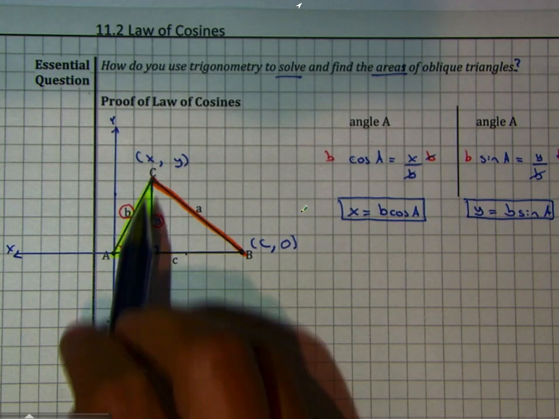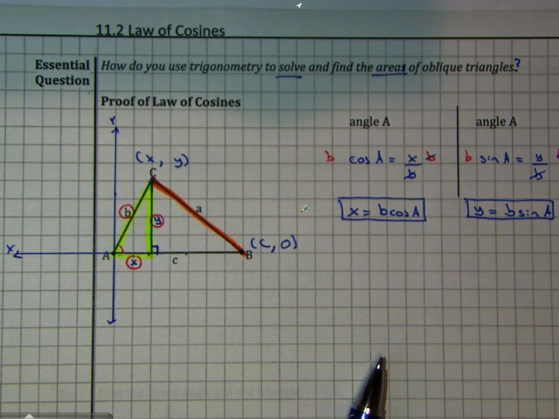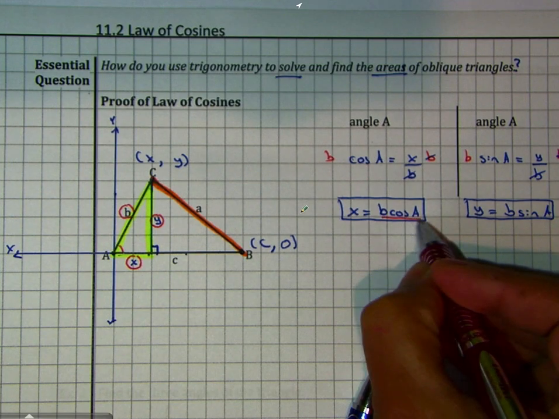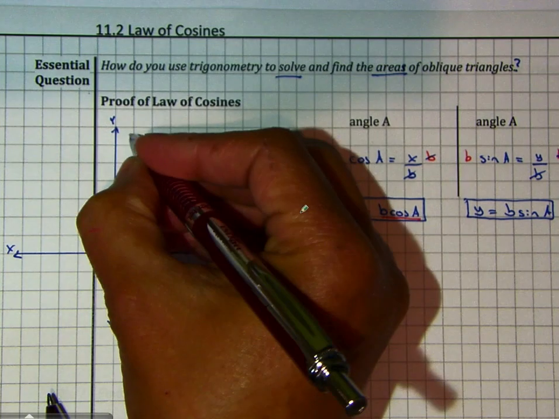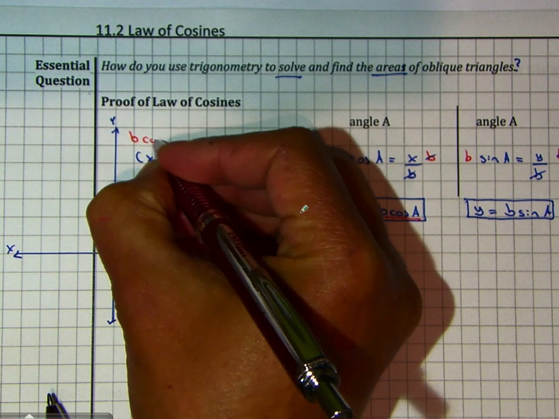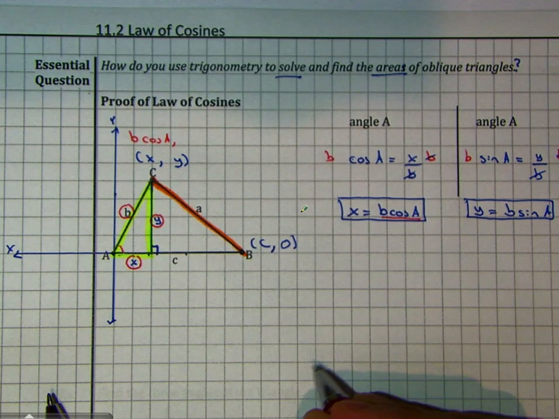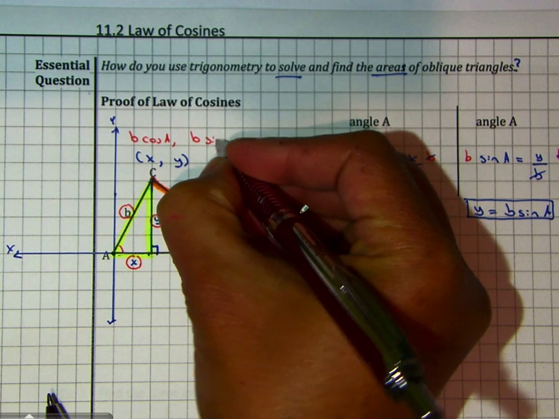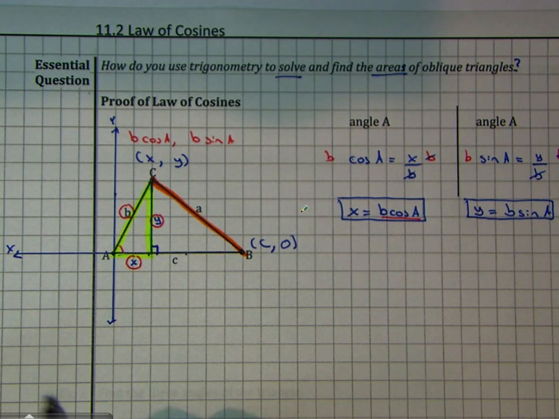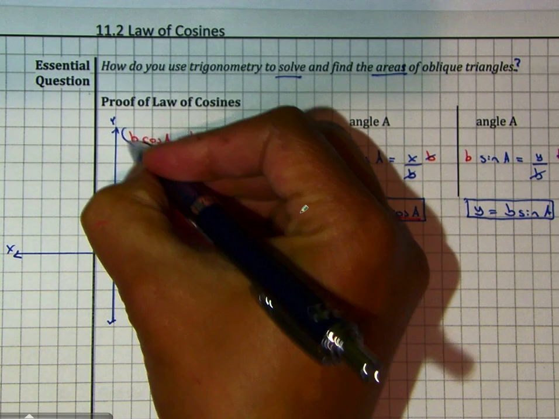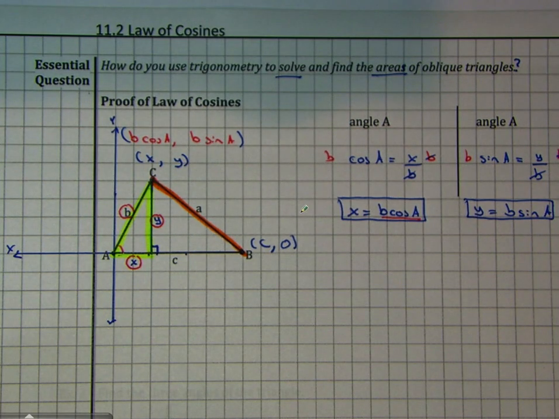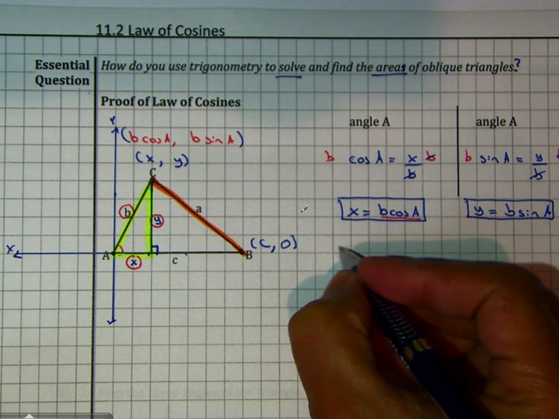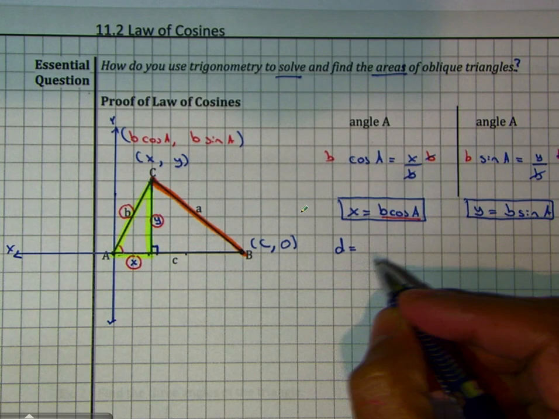Now we're also going to substitute, instead of the x, the value of x, which is b cosine of A, and instead of y, b sine of A. So now we are going to use our distance formula. Do you guys remember your distance formula?